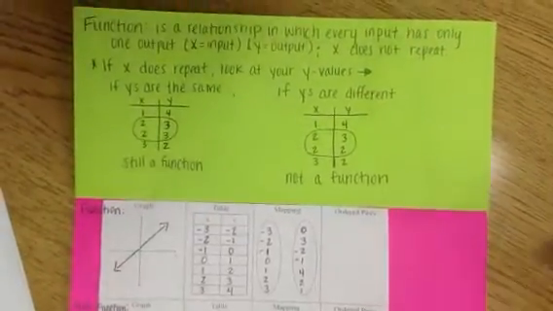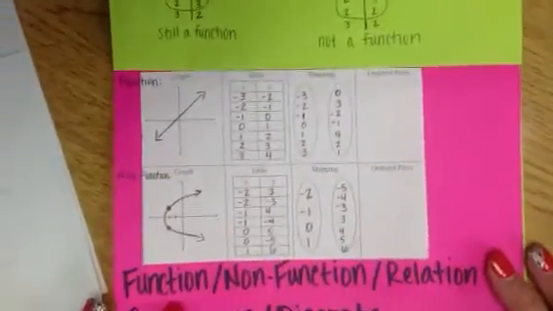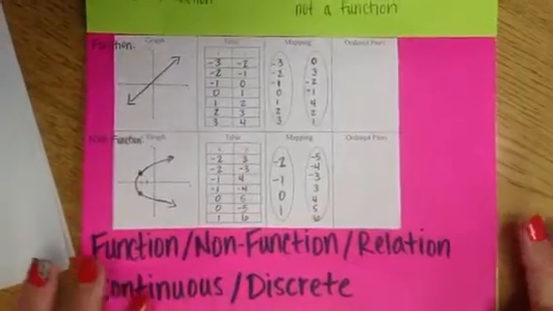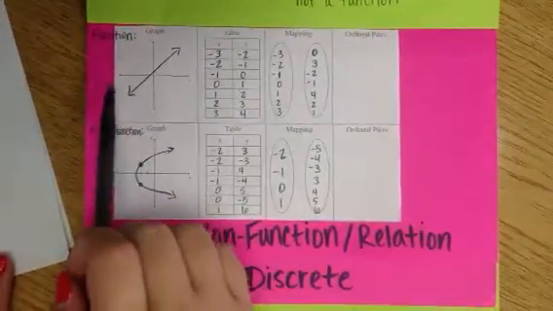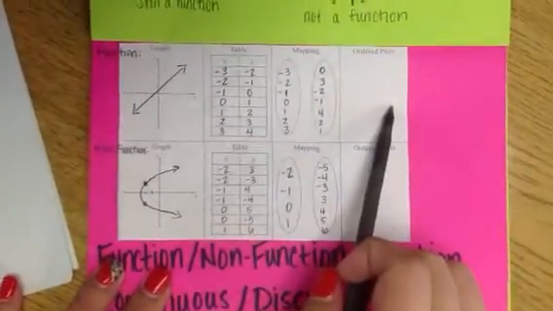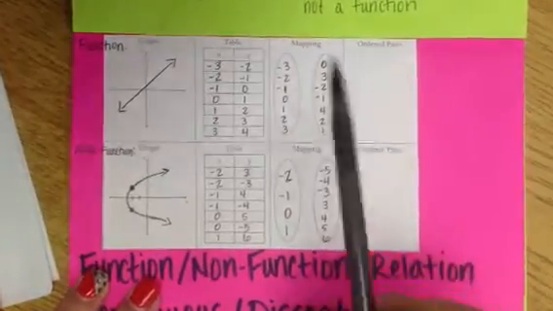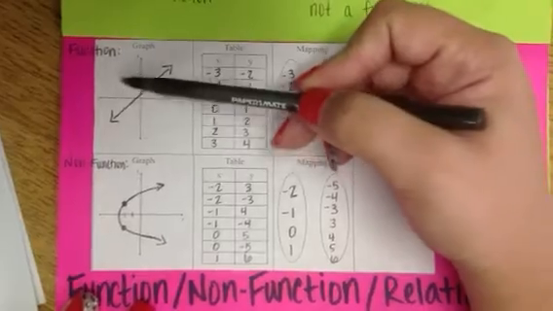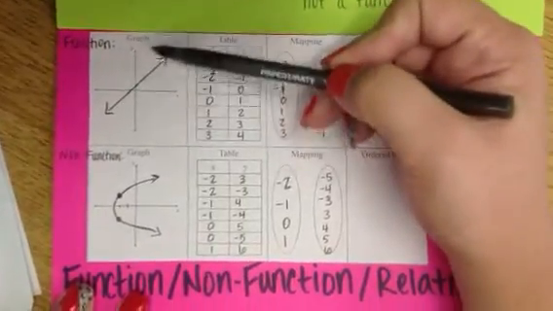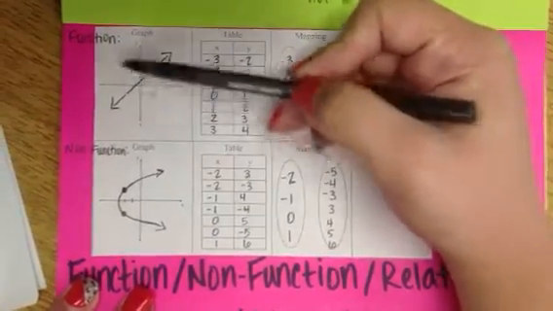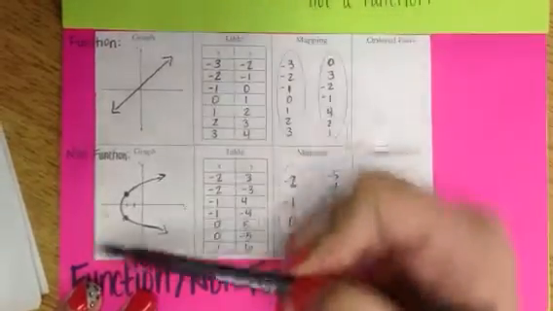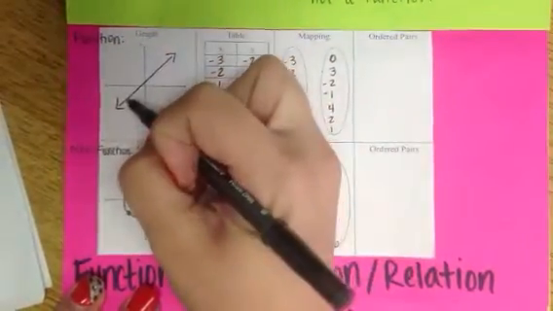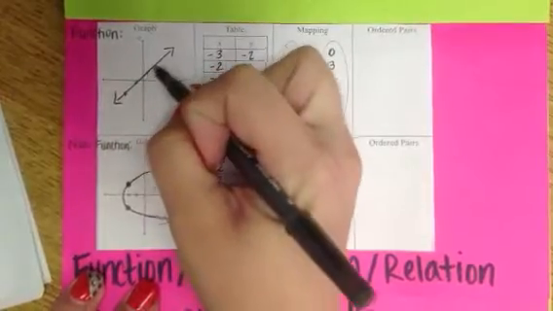So now we're going to go back to covering our tables and our graphs and what we glued in. So first one we're going to look at, the top one is all going to represent a function. So again, if you look at your graph, if you did your vertical line test, which means you drew vertical lines through each part of the graph, it would only touch the graph at one point at a time.